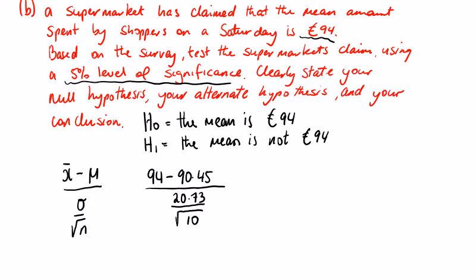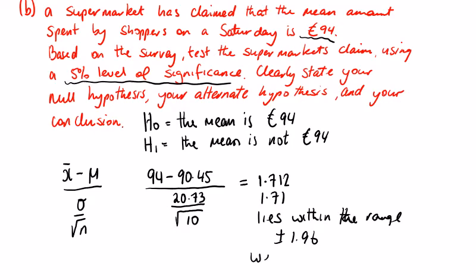So typing this into a calculator, we are going to get 1.712, or just 1.71, and as this 1.71 lies within the range plus or minus 1.96, we fail to reject H0.